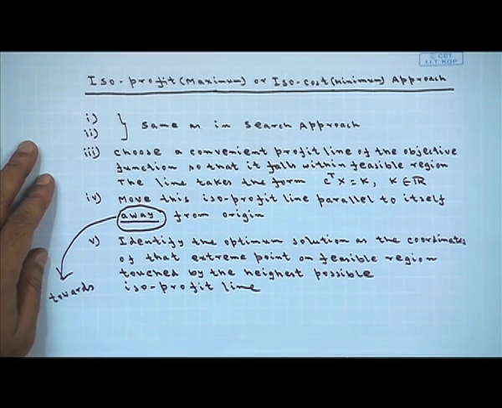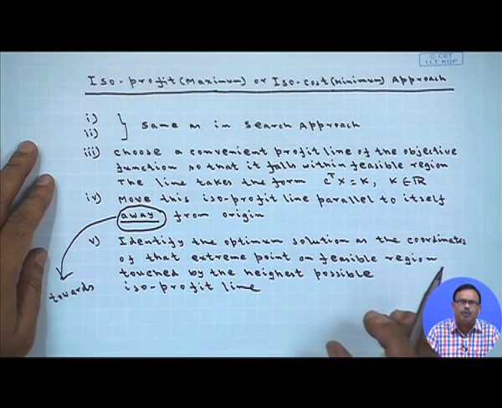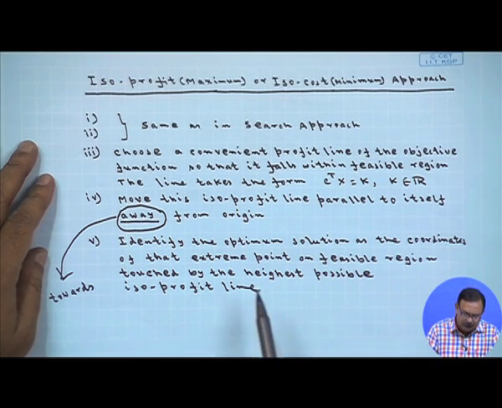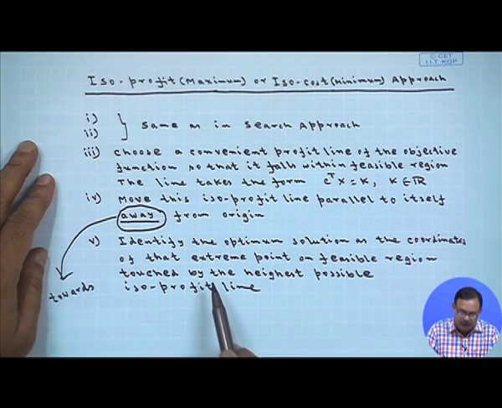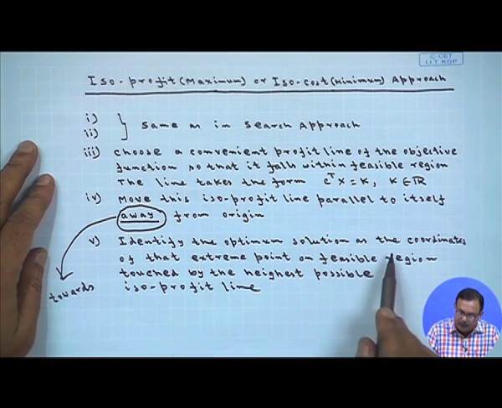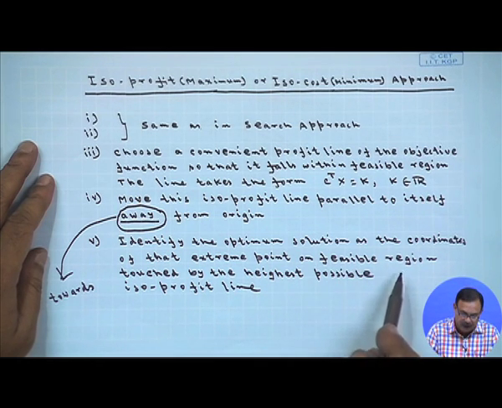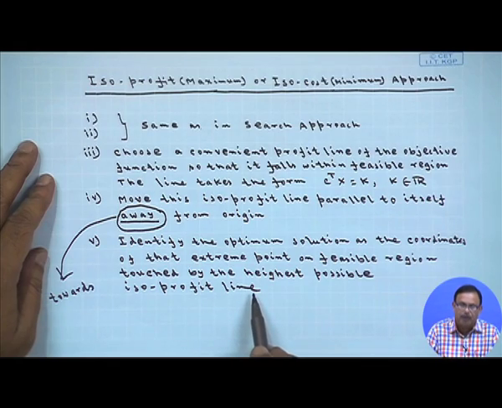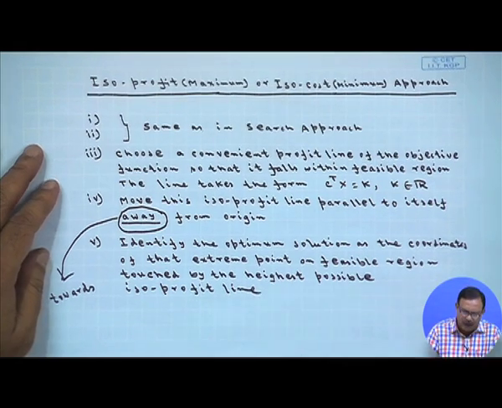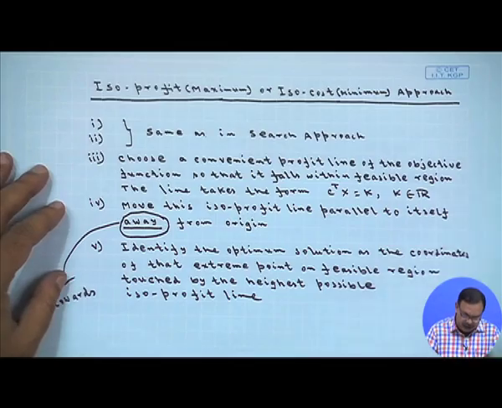That means, I have to minimize the distance from origin to that line, and I have to maximize the distance of that line from origin if it is a profit function. And the last one is identify the optimum solution as the coordinates of the extreme point of feasible region touched by the highest possible ISO profit line. So, this I will explain with an example.